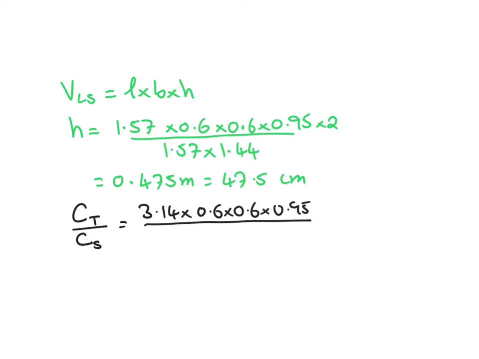And what is the capacity of the sump? The volume of the sump, 1.57 times 1.44 times 0.95. Simplify that and you get half. So the capacity of the tank is half the capacity of the sump. That is the answer for what the question was asking.